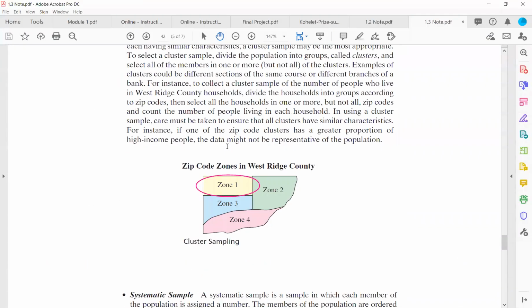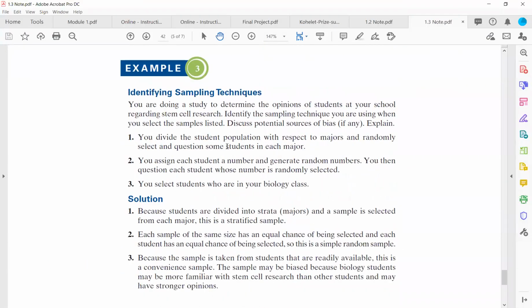Let us take a look at one example. Identify sampling techniques. You are doing a study to determine the opinions of students at your school regarding stem cell research. Identify the sampling technique you are using when you select the samples listed. Discuss potential sources of bias, if any.